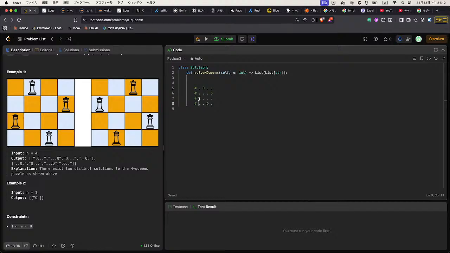Row is 2, column is 0, and we have to check one by one.